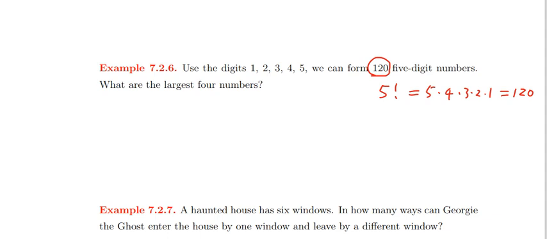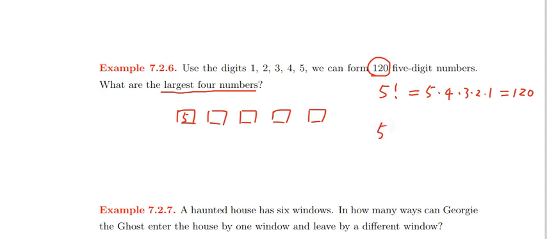Okay, so the question is, what is the largest of such numbers? For the largest number, we should put 5 here, right? We should put the largest number first. What is the largest number?